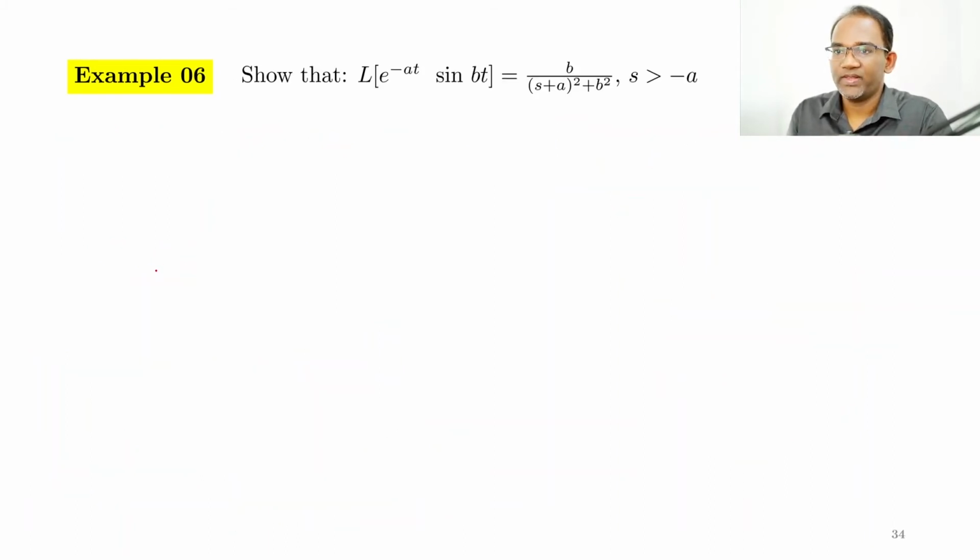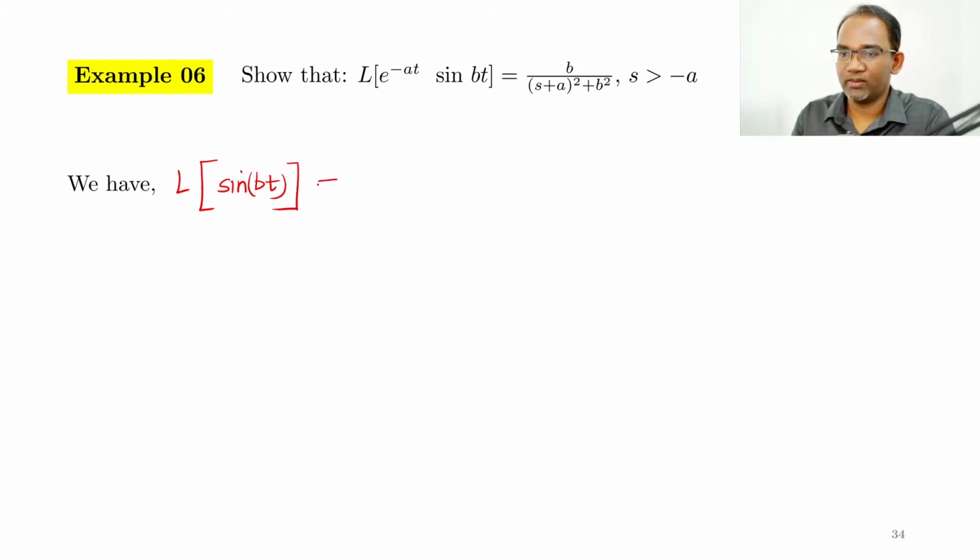The next problem is to show that the Laplace transform of e raised to minus at sine bt equals b over (s plus a) the whole square plus b square for s greater than minus a. We'll see how to use the first shift theorem in this case. We have L of sine bt as equal to b over s square plus b square, and this is nothing but F(s).